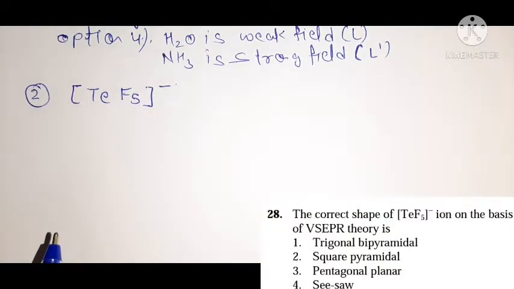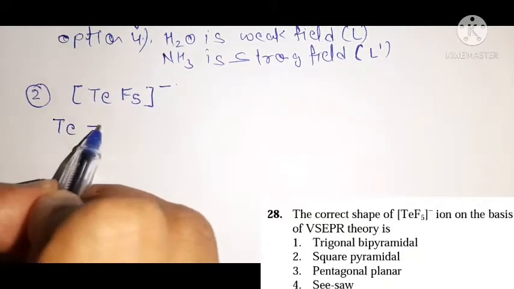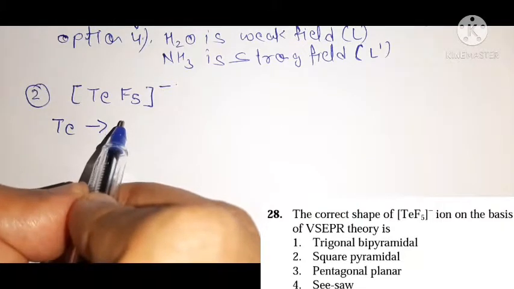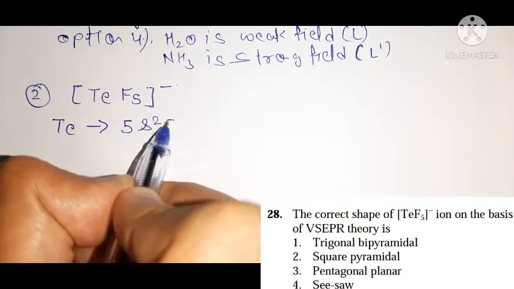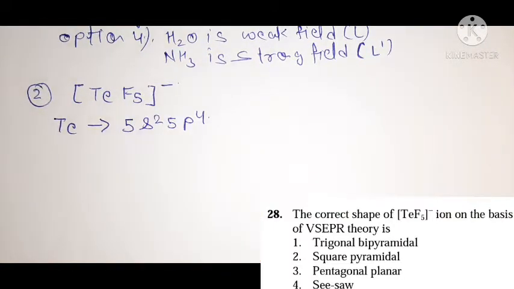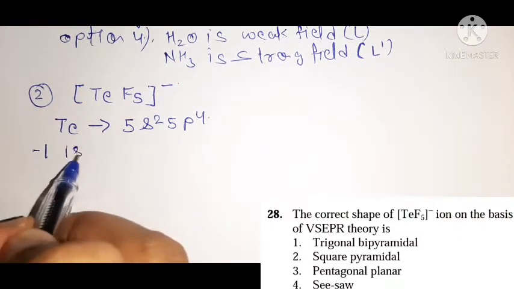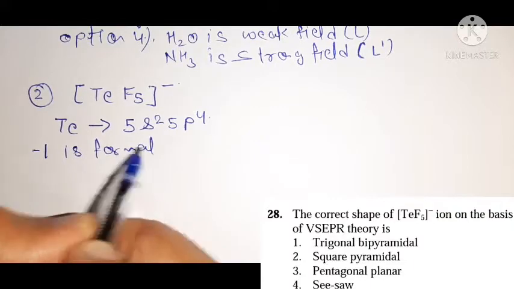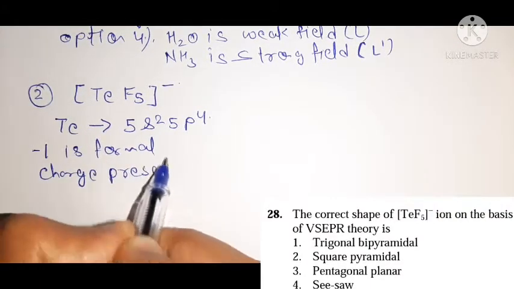Okay, so now in this complex, first of all we have the tellurium ion, and its electronic configuration is 5s2 5p4, and this -1 is a formal charge present on tellurium.